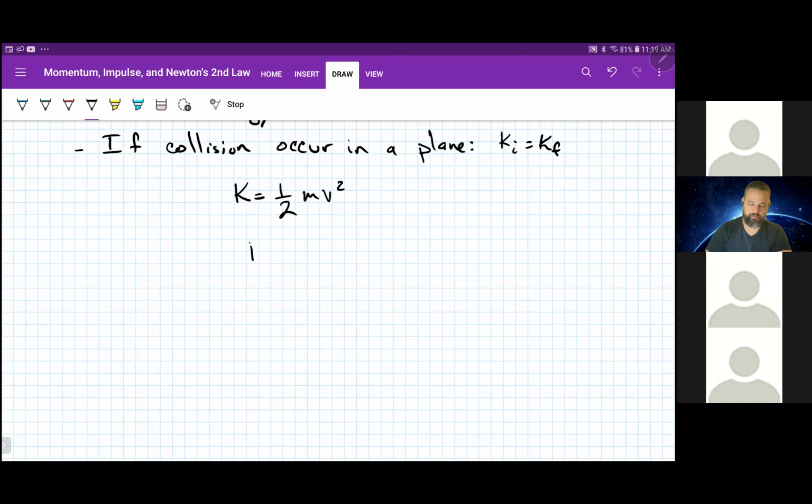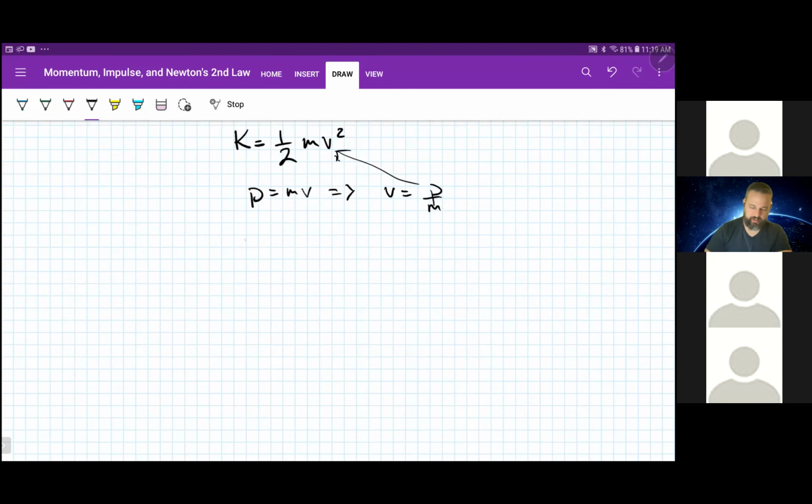And then we have that P is equal to M times V. Solving that for V, we have that V is equal to P over M. And then I can replace that here, so I'm going to end up with K equal to 1/2 M (P over M) squared.